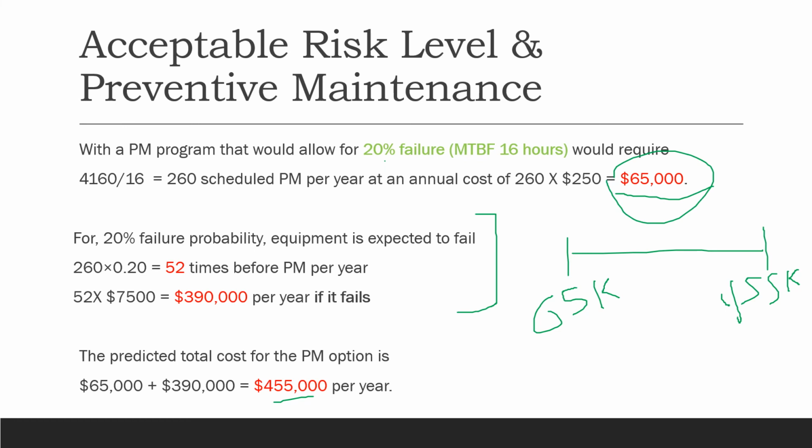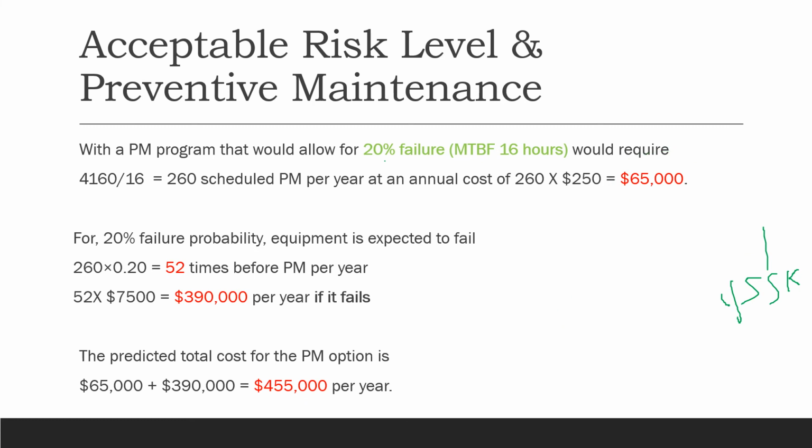Okay, this is just the worst case scenario. If it happened, then you would spend this much, but it usually does not happen, so therefore you would never spend this much at all. Okay, this is just a calculation. It's a predicted maintenance cost to come up with a great preventive maintenance routine.